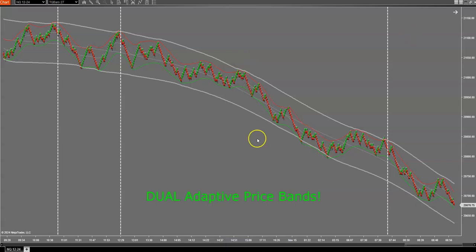And another thing to realize, and one good thing about bands, is you can always see where value is in the market. If the slower bands, we'll call them the master bands, and then the speed bands, so the master bands and the speed bands, if the master bands are going down and price is anywhere up near the upper range, you're in an area where, if somebody wants to keep buying the market, they're buying near retail.